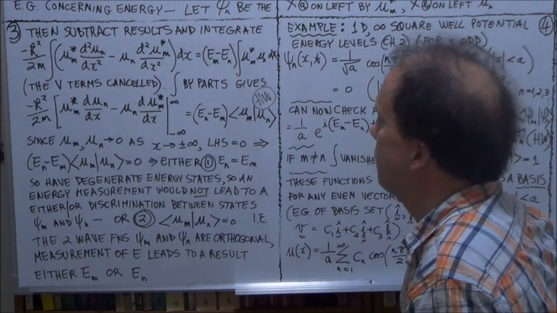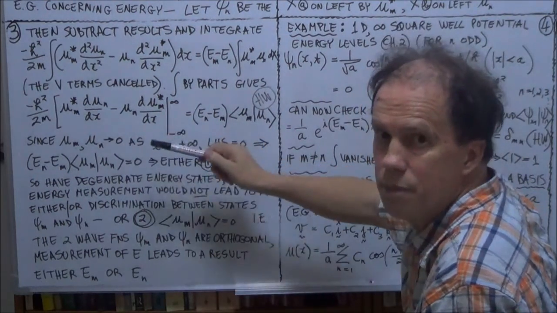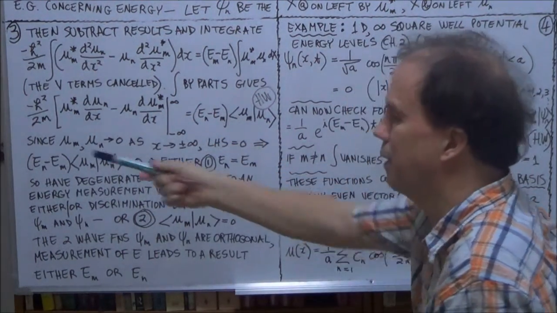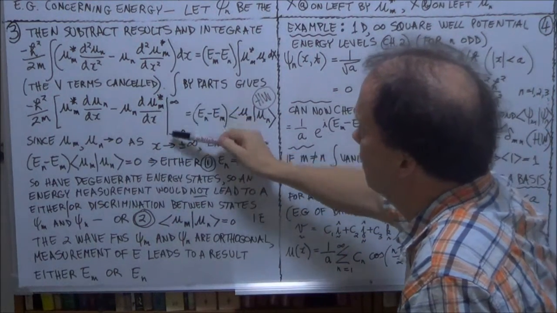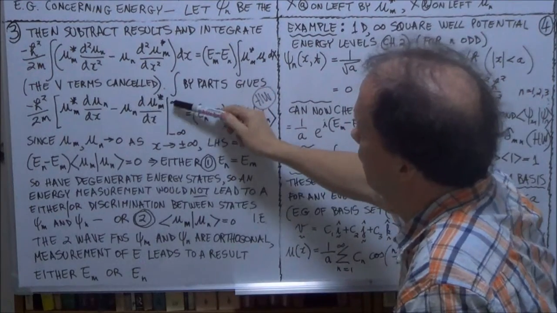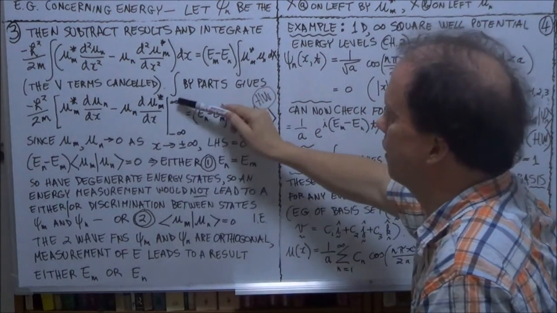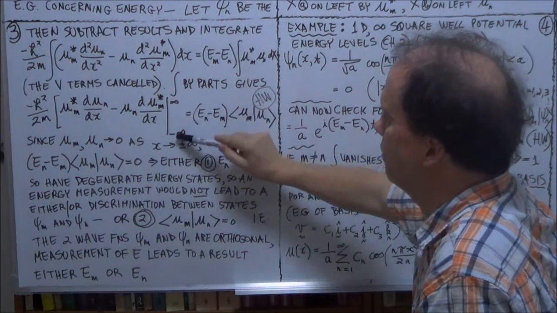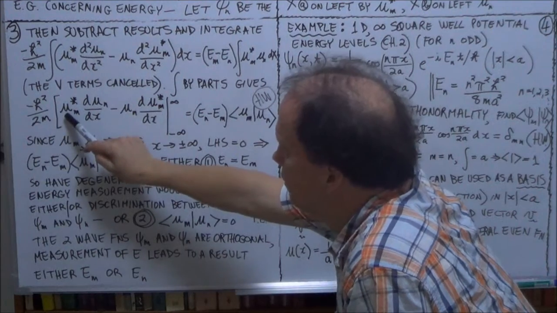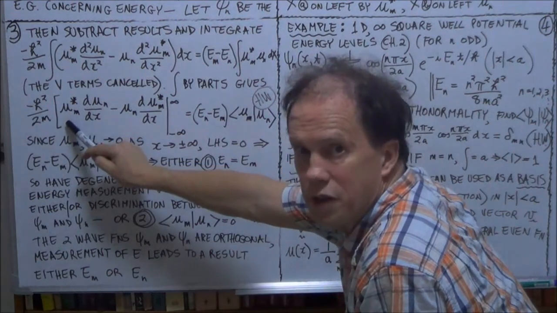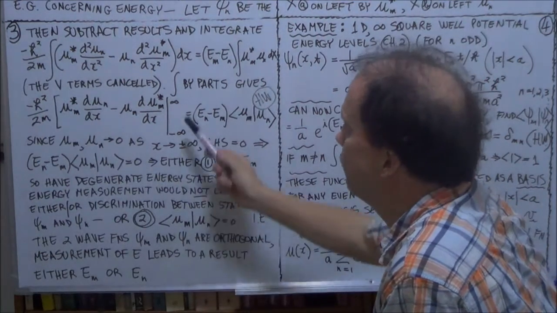Now, it's a one-dimensional problem, so over the x-axis between plus and minus infinity. When you do the partial integration, you'll get this term evaluated at the limits, x is infinity and minus infinity. Now, assume these wave functions here, Um and Un, just go to 0 at infinite distance.